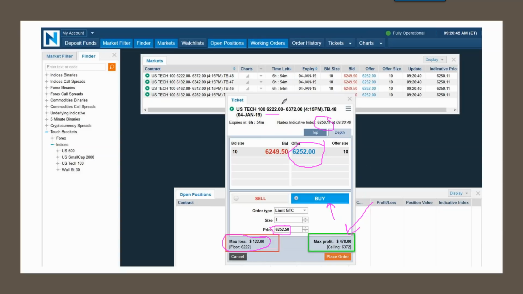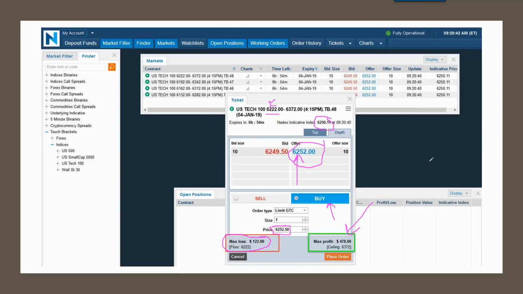So you have almost 30 points between where the floor is and where the price is. You have a lot of information on your order ticket, but you need to take a moment and read the ticket.